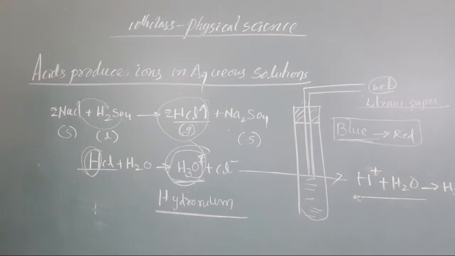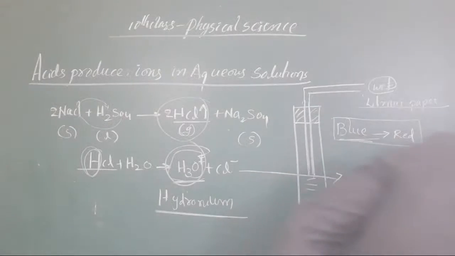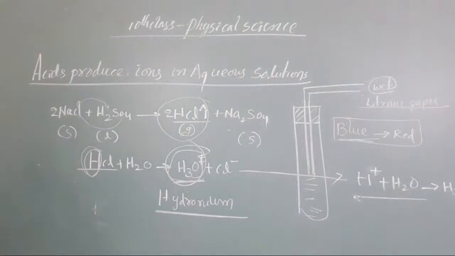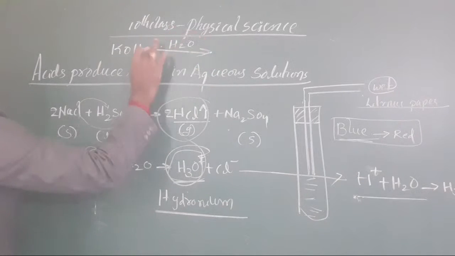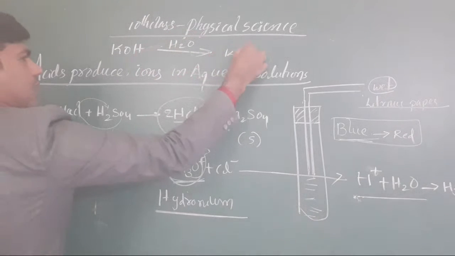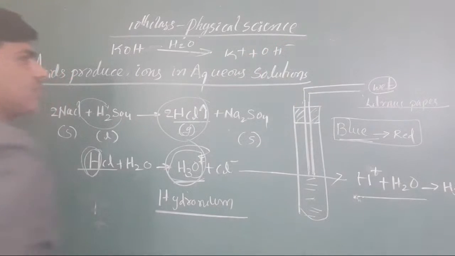Not only the acids, our bases also produce ions within aqueous solutions only. You can take different bases here, there is no problem. Like KOH: in the presence of water, it will be converted into K plus and OH minus.